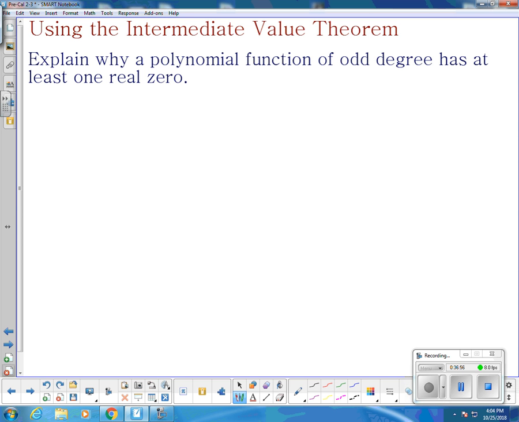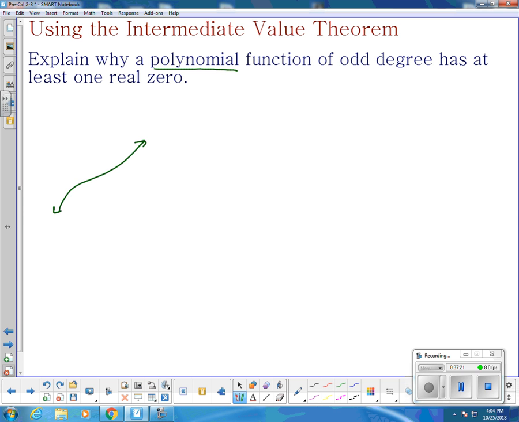Explain why a polynomial function of an odd degree has at least one real 0. So imagine an odd degree function. Polynomials are always continuous, so that already fits that first part. We know polynomials are continuous. If it's an odd degree, think of the end behavior.